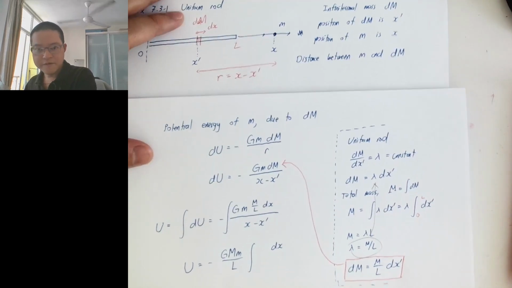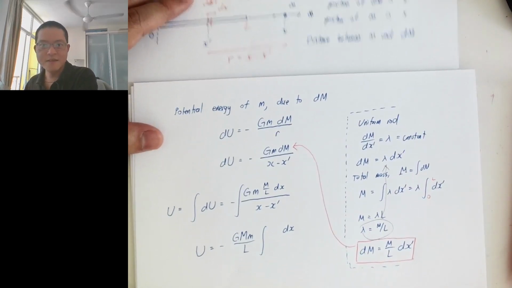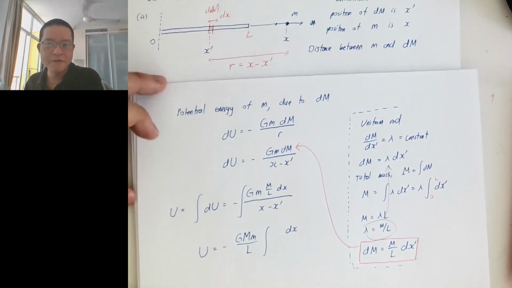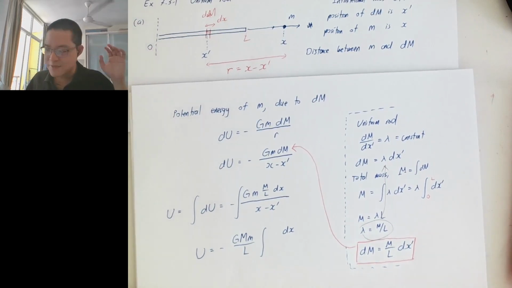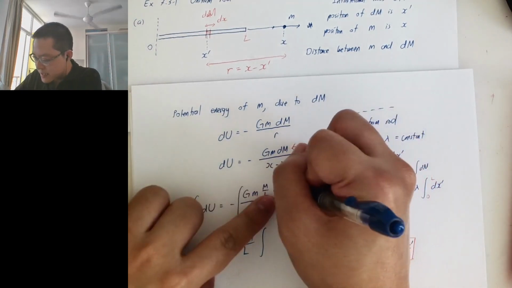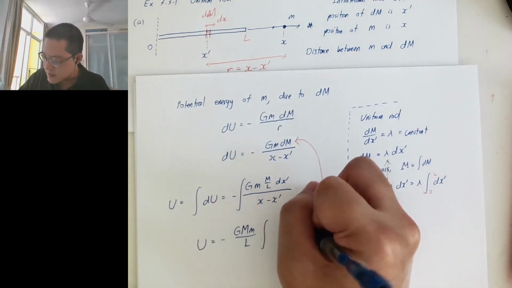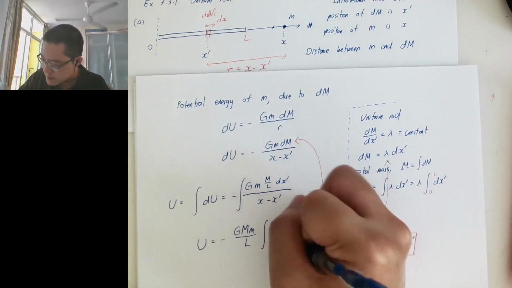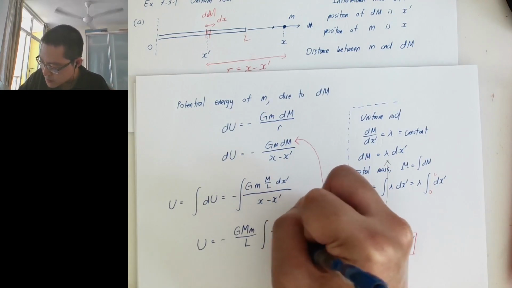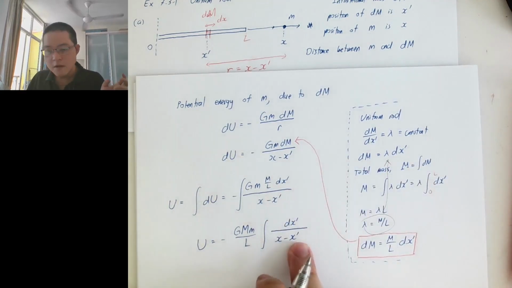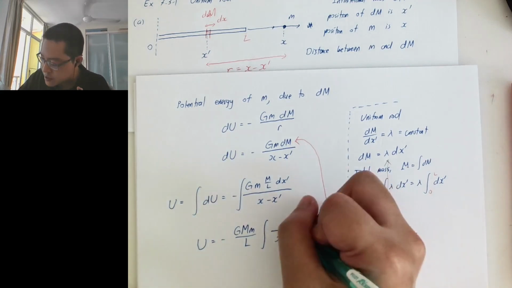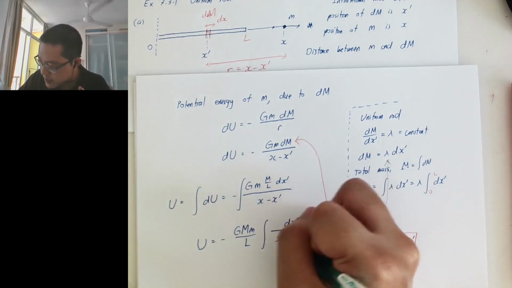Do you follow so far? I think my mistake might cause some confusion, so let you process this first. So I'm talking about dx prime. There are two different variables here, x prime and dx prime. So hopefully you can follow. My variable of integration is this.